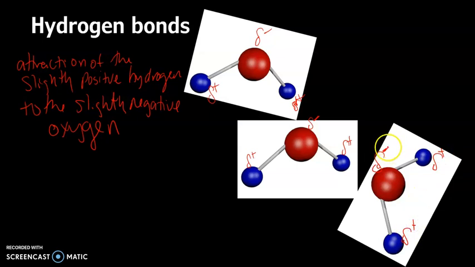So notice we've got our slight negative and our slight positive. Opposites attract. Paula Abdul taught us that, right? So those are attracted to each other. And then over here, the slight negative and slight positive are attracted to each other. And then that slight attraction is actually a pretty solid attraction.